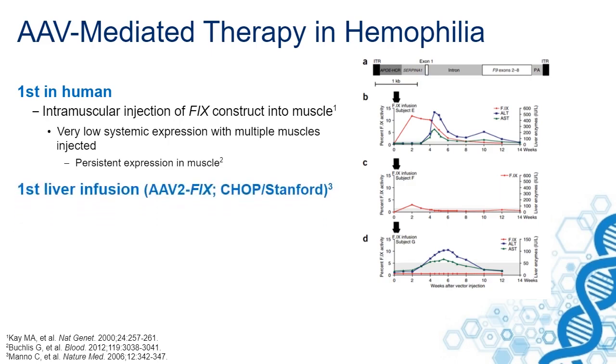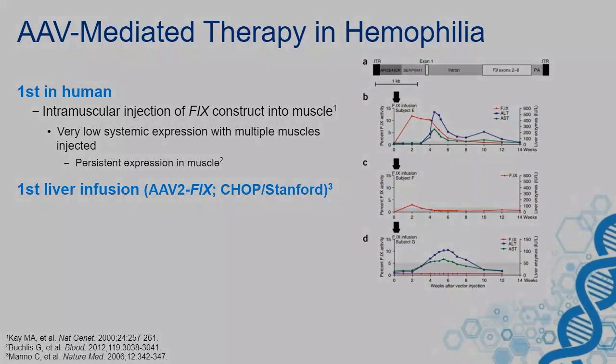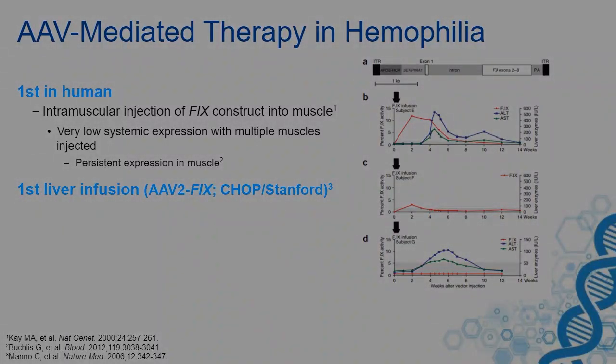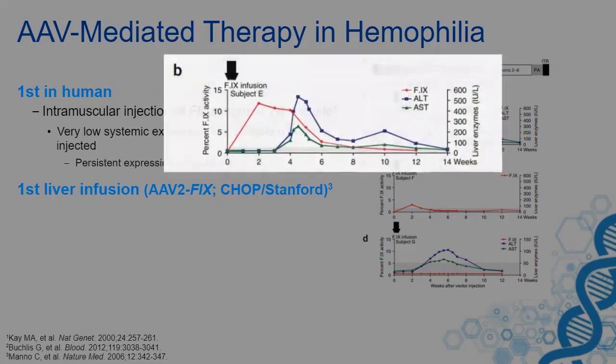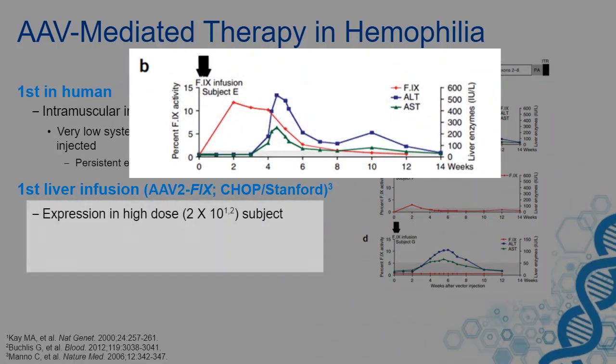The first liver infusion was with an AAV2 factor IX construct, and shown on the graph on the right, from the manuscript, in the high dose, factor IX actually increased initially, shown in the red line, to about 12%, which was incredibly exciting.